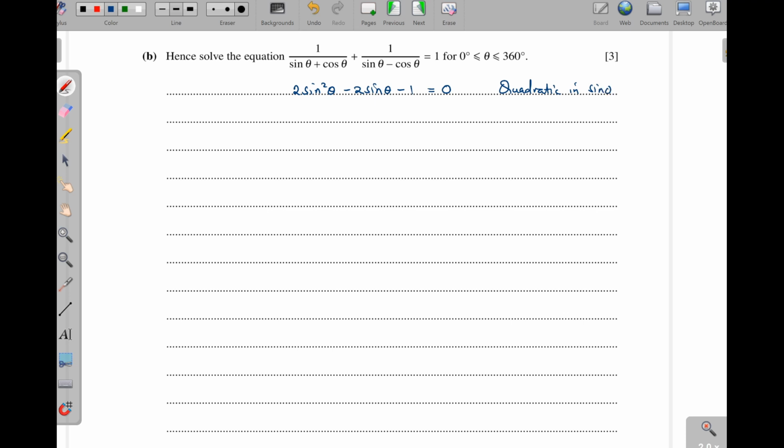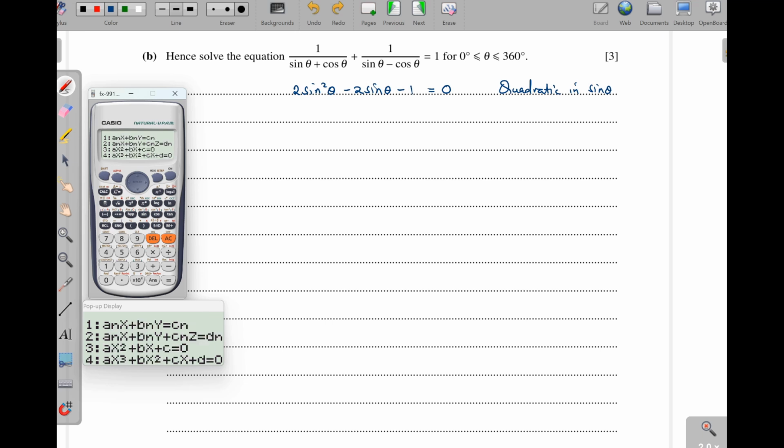So let's check whether this one can be solved using the calculator. Like, is it factorizable? That's what I mean. So mode, then equation is 5, and then quadratic is 3. So the coefficient of sine squared here is 2. The coefficient of sine is -2. And then the constant part is -1. So when we press equals now, that is what we are getting.